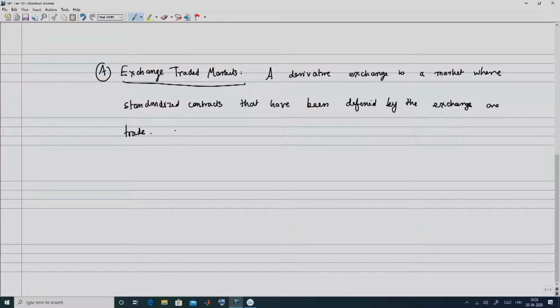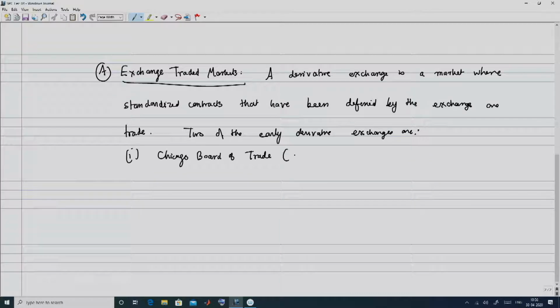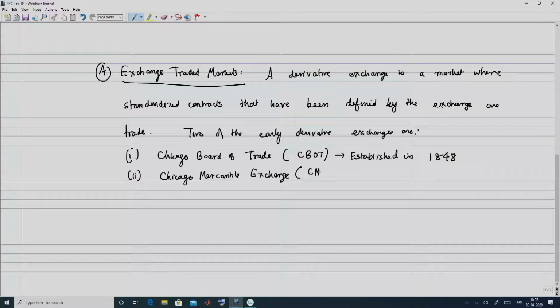Then, two of the early derivative exchanges are one, the Chicago Board of Trade, or CBOT, which was established in 1848, and secondly the Chicago Mercantile Exchange, CME, which was established as a rival to CBOT in 1919.